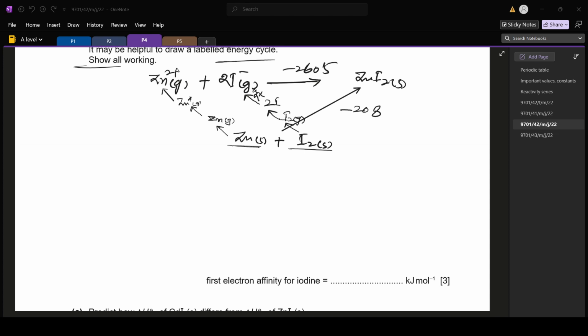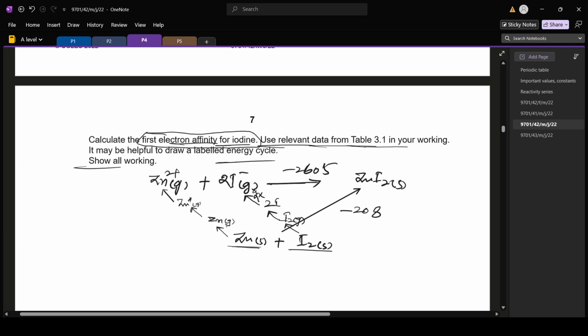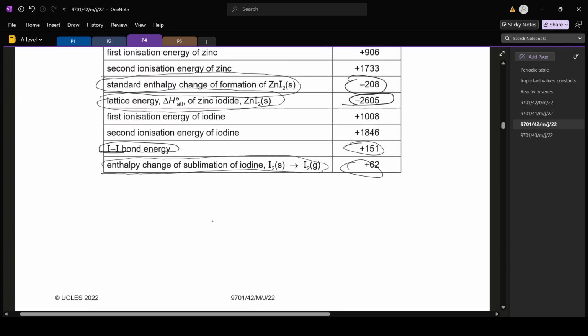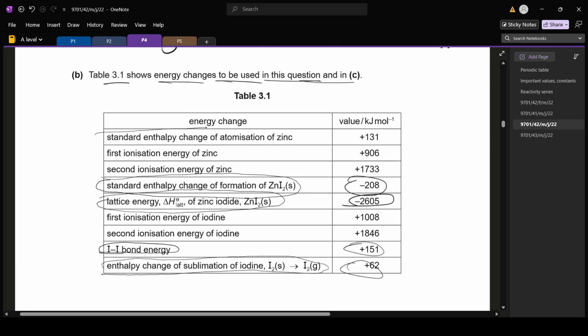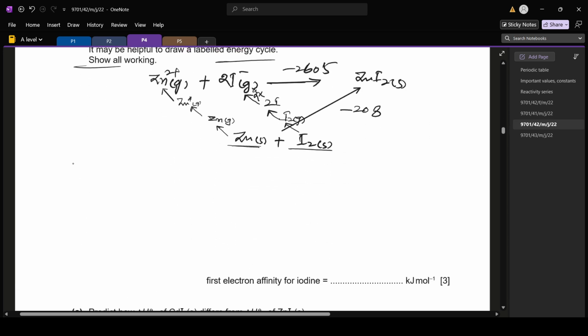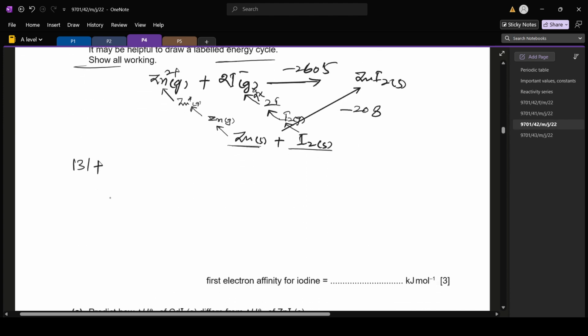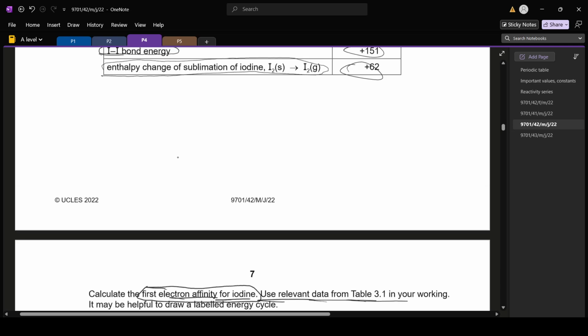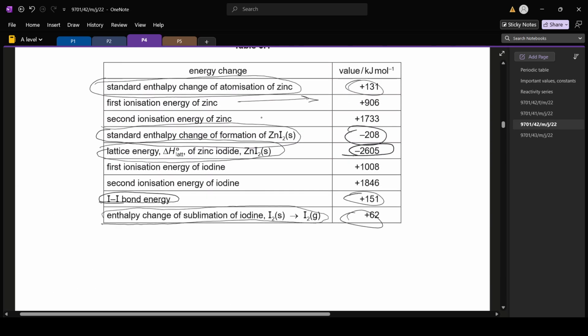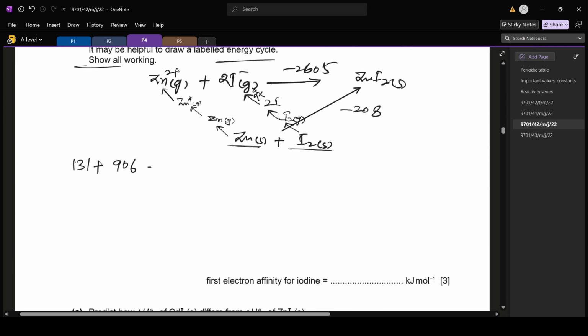So let's do this. To convert solid zinc into gaseous zinc, this is the enthalpy change of atomization of zinc, which is 131. Plus the first ionization energy of zinc, which is 906. Then we have the second ionization energy of zinc, which is plus 1733.